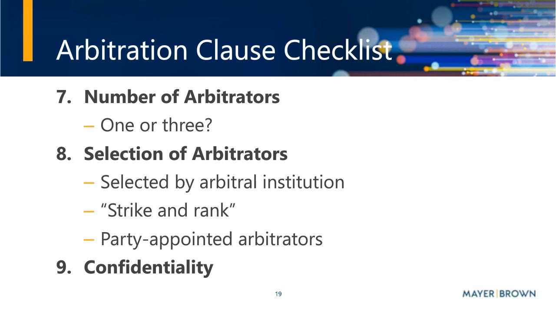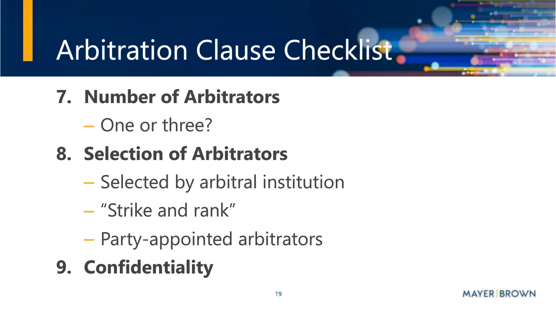The first is the parties can agree to allow the arbitral institution, the AAA or the ICC, to select conflict-free neutrals. Another option is what's referred to as strike and rank. Unlike the selection of the arbitrators by the arbitral institution, the strike and rank option gives the parties input into the selection of the arbitrators.